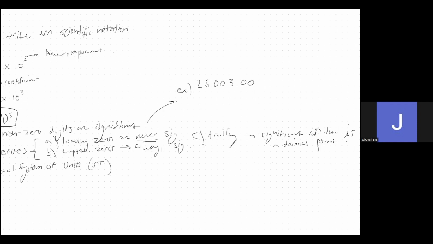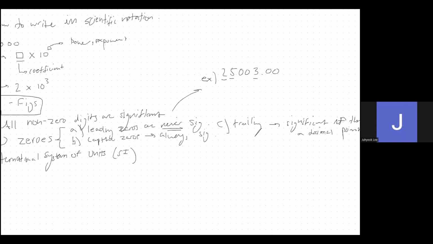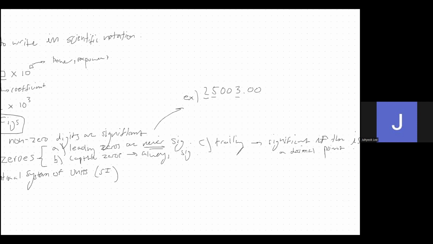So 1, 2, 3. And rule number two for zeros is that captive zeros are always significant. So what captive means is that it's between some two non-zero numbers. These two zeros right there would be considered captive zeros. So 1, 2, 3, 4, 5. So we have 5 right now.